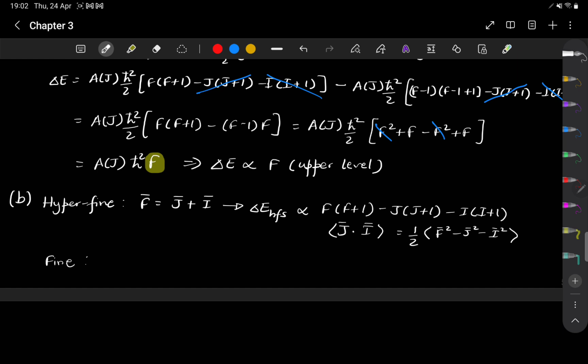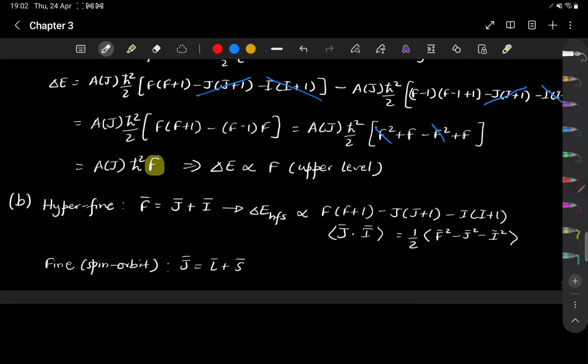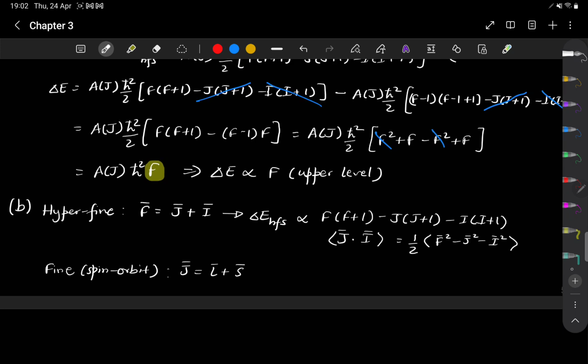Now in fine level, or it is also known as the spin orbit coupling, fine or spin orbit, what you have is J equals L plus S, and note that I and S both are spins. I is the nuclear spin, S is the electron spin. So I and S are similar terms, and the analogy works out that you take J analogous to L over here.